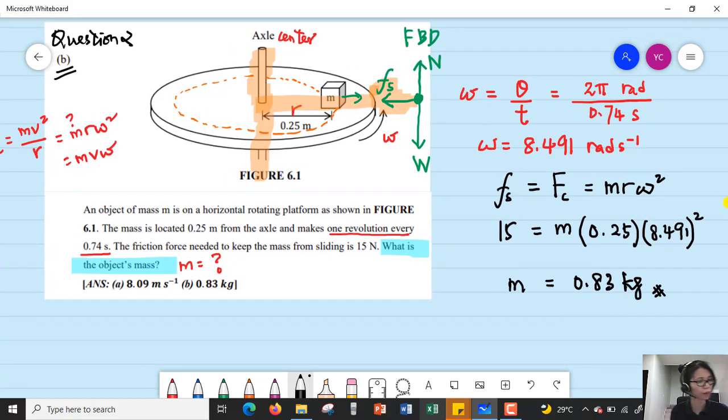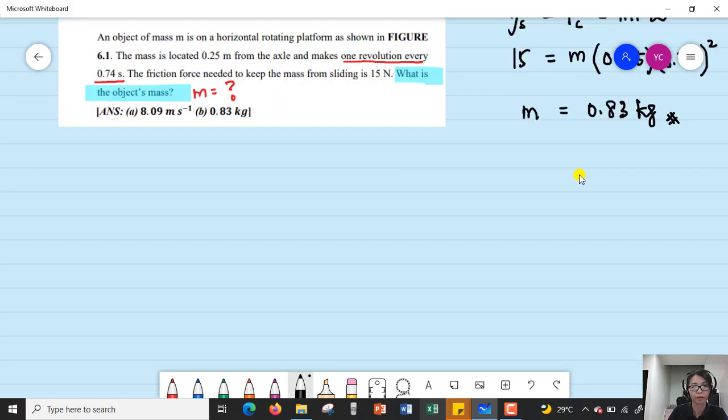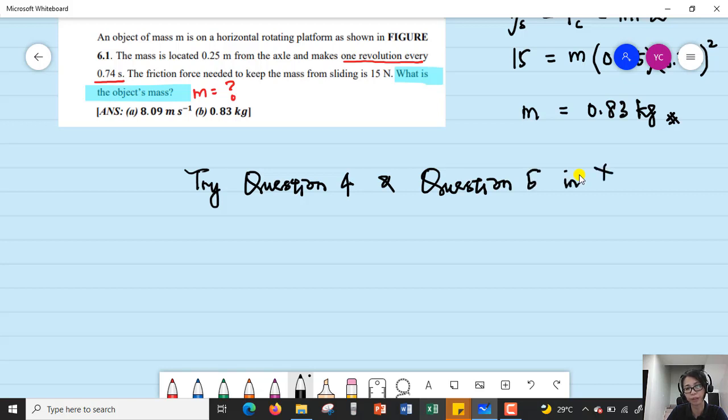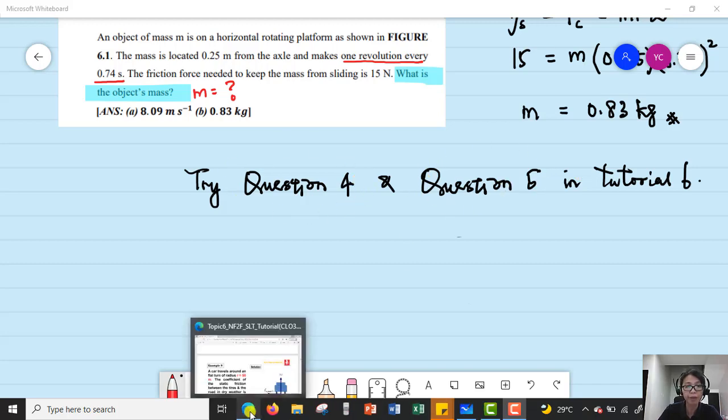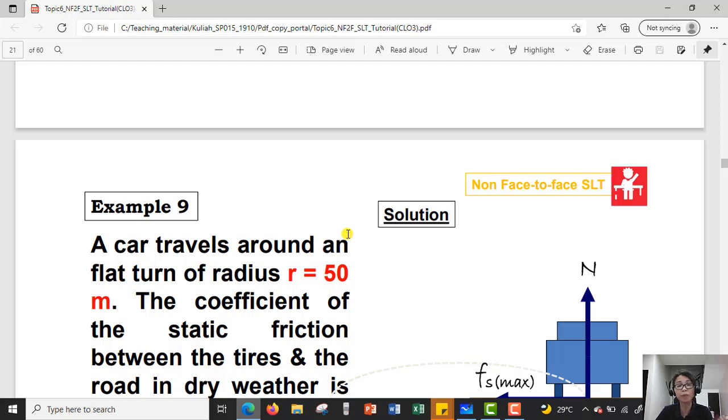To enhance your understanding of the centripetal force, you can try questions 4 and also question 5 in tutorial 6. Boys and girls, in order to solve questions 4 and 5, you may refer to the problem solving examples in your non-face-to-face SLT.